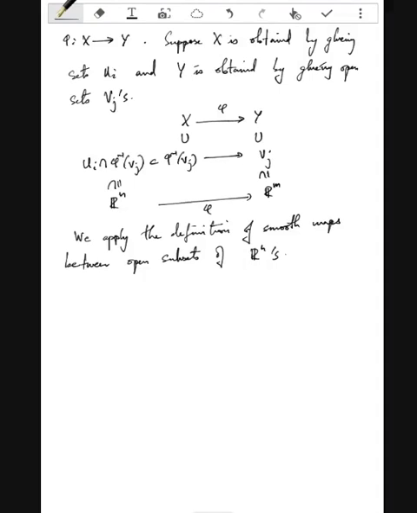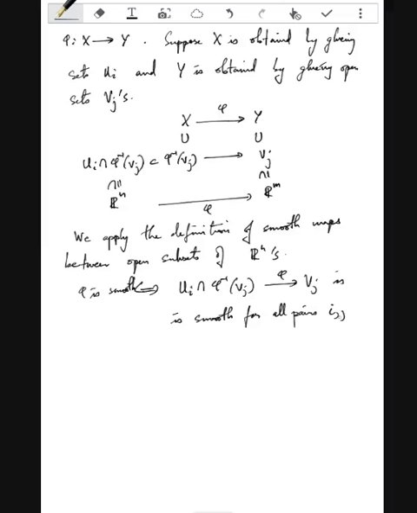So phi is smooth if and only if, when I restrict it to this, it is smooth for all pairs i, j.